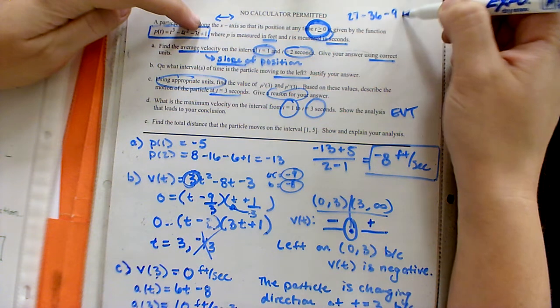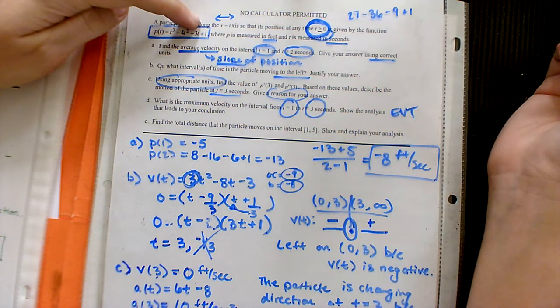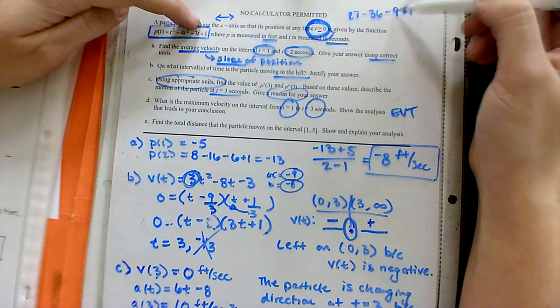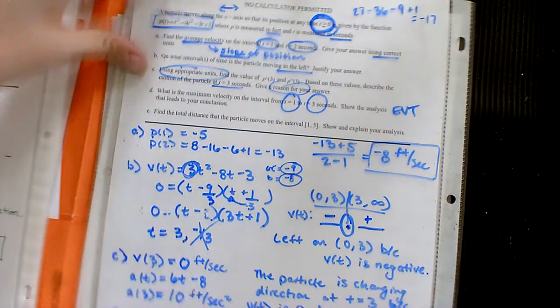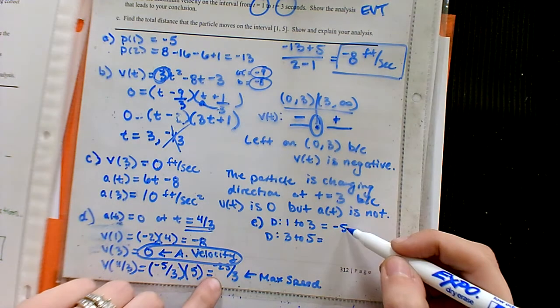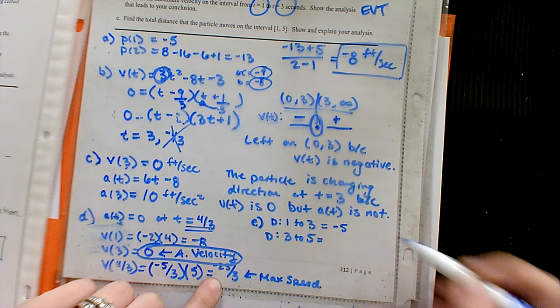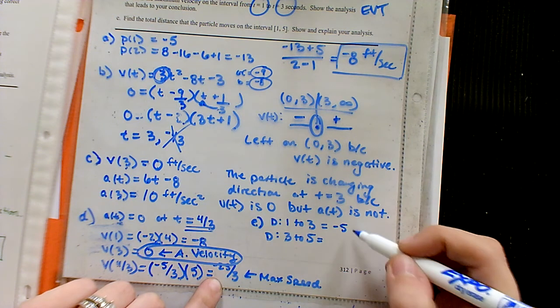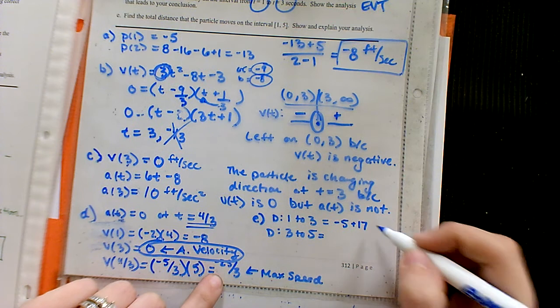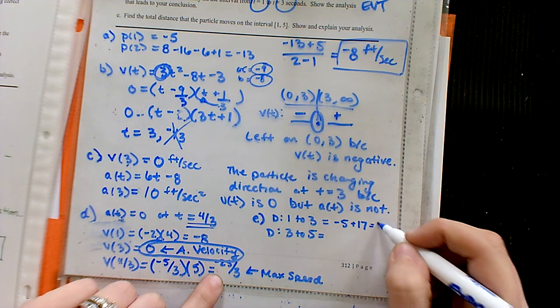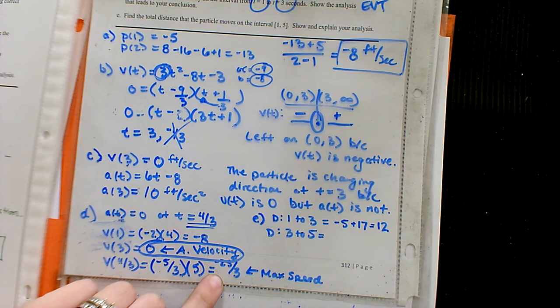Minus 3 times 3, 9, plus 1. Okay, 27 minus 36, minus 9 more, plus 1. Negative 17. Okay, so negative 5, and then we have to subtract negative 17. So that would change to a plus 17. So it looks like we moved 12 units on that interval.